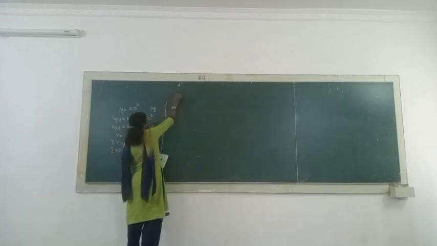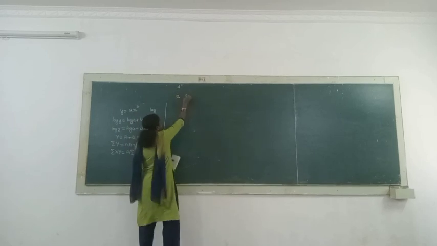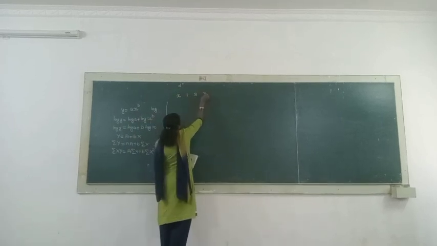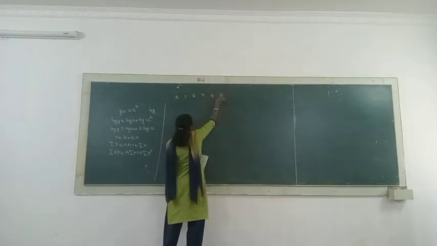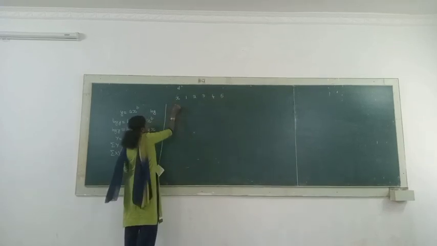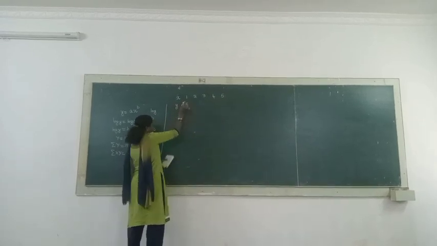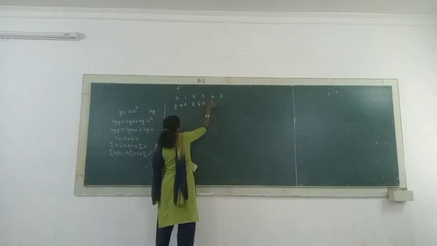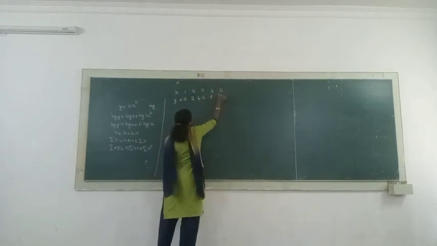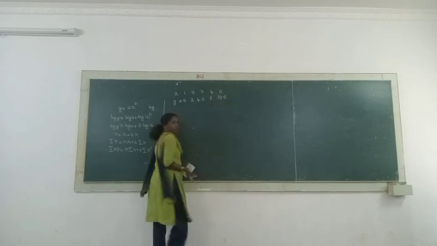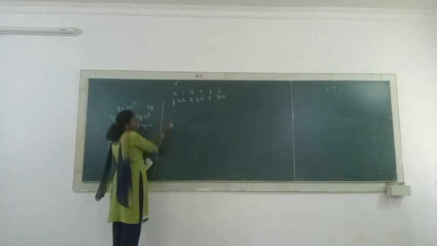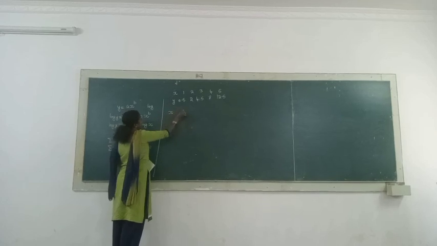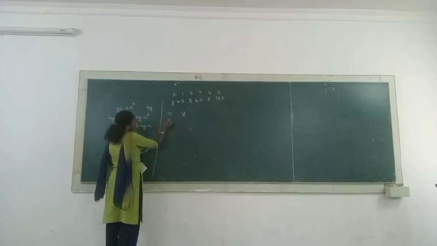Now let me take up an example. Given x values as 1, 2, 3, 4 and 5 and corresponding y values as 0.5, 2, 4.5, 8 and 12.5. Now let me construct a table for this given data. Write down the x and y values.